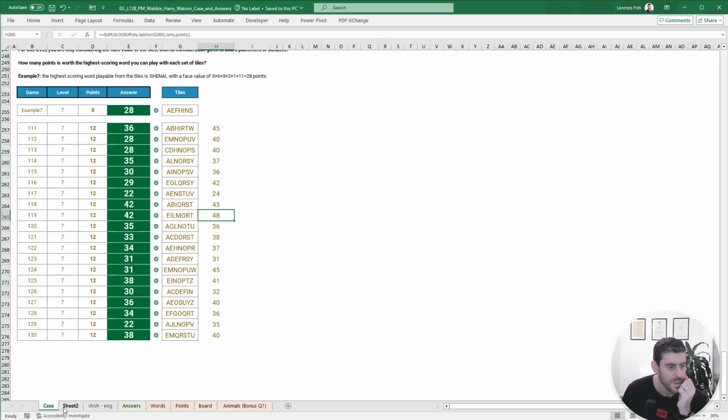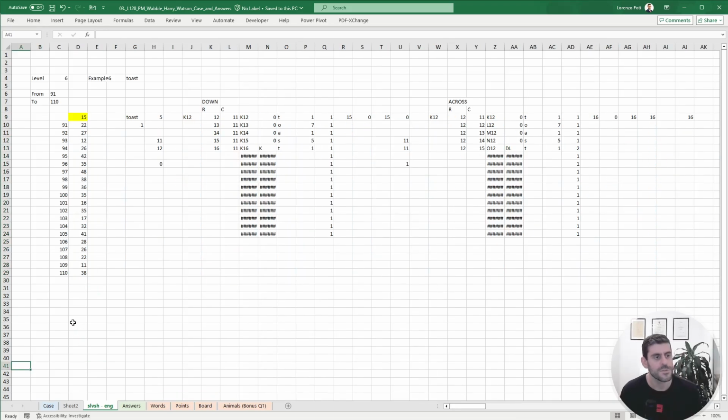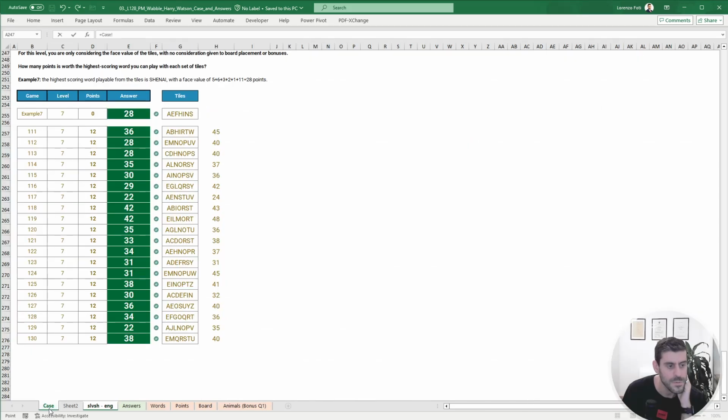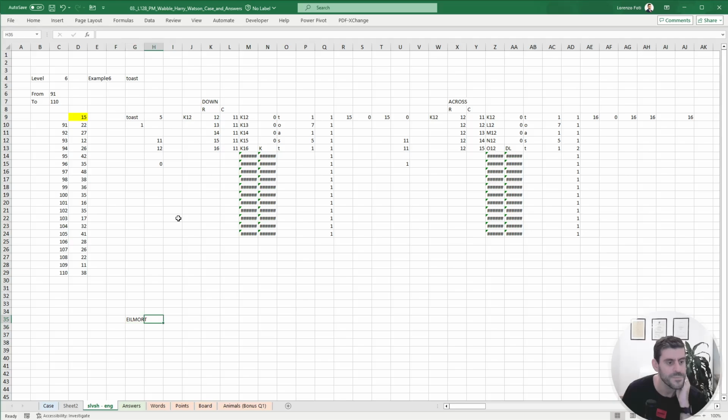So what I could do is take this, split it, then I will use the permutations, so I think this is permutations with no repetition.